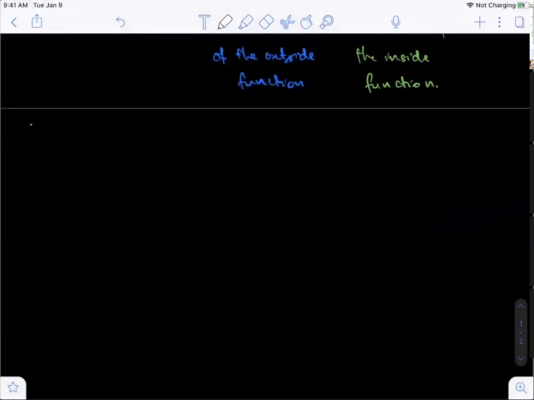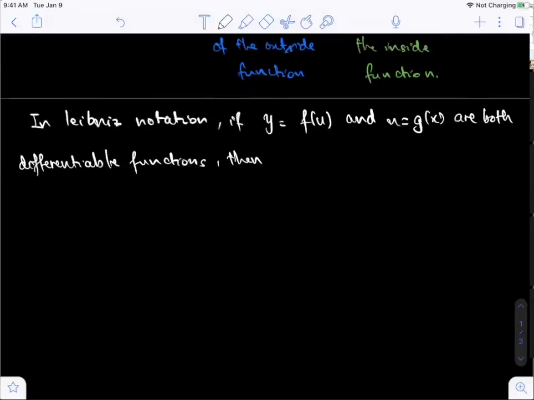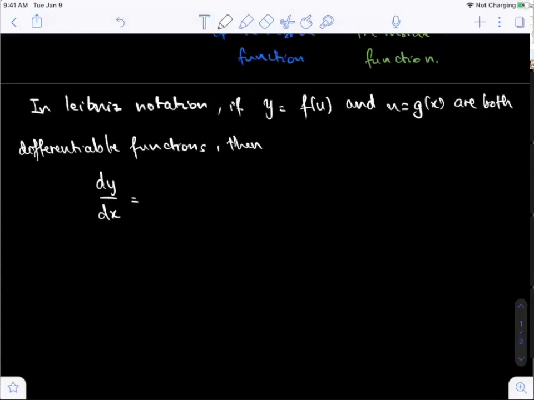Different notations here. In Leibniz notation, dy dx, if y is equal to f of u and u is equal to g of x, both differentiable functions, then dy dx is equal to dy du times du dx.